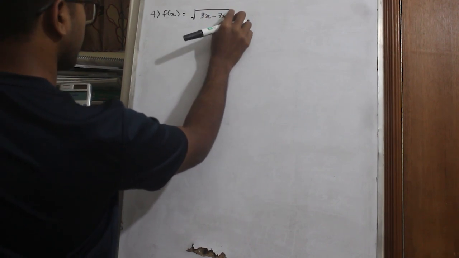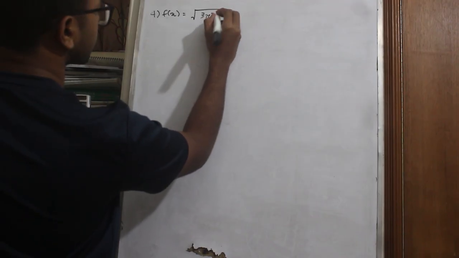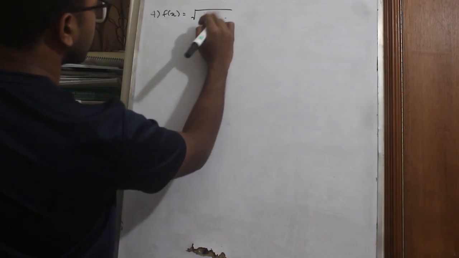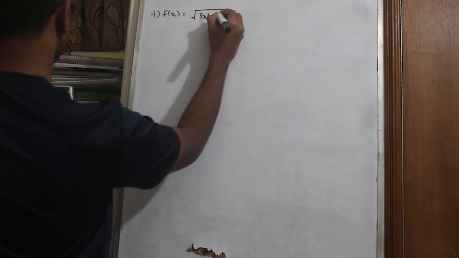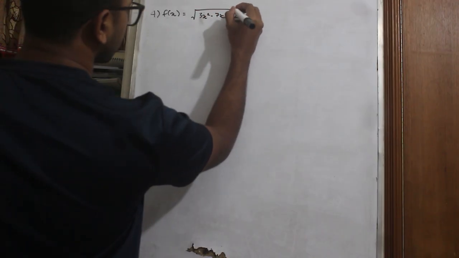Oh wait, no. 3x squared minus 7x plus 2.